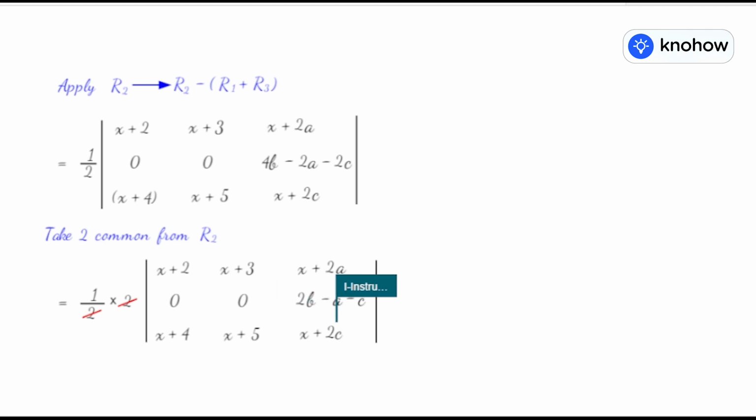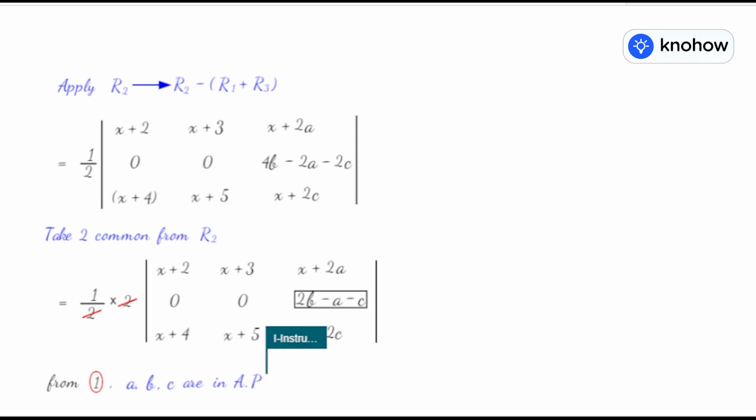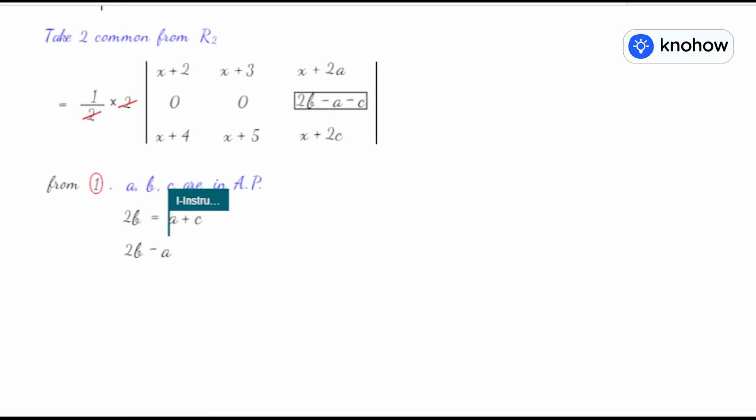And it is at this stage, just look at this element, 2b minus a minus c. From 1, as A, B, C, I repeat, are in AP. So over there we have written 2b equal to a plus c. So what about 2b minus a minus c? That will be 0.